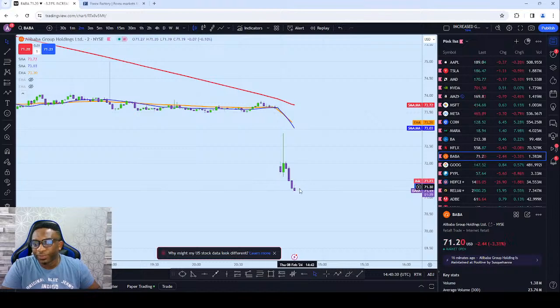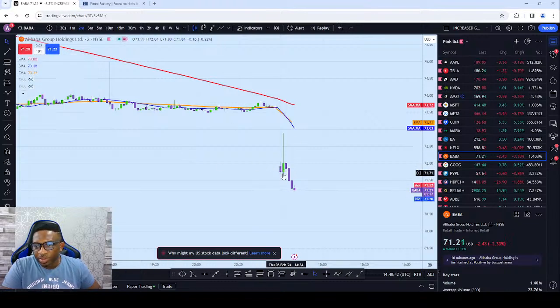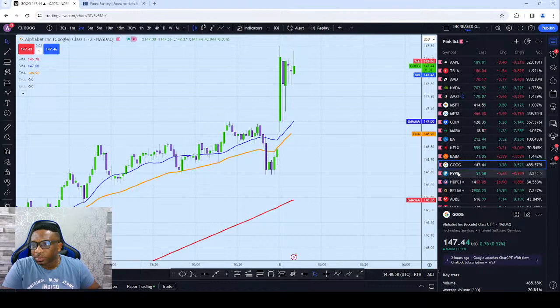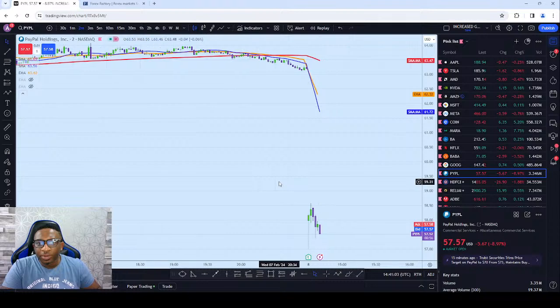This is another trade where the green candle was taken out by the purple one, so you're going for a sell. I'm tempted to enter, but the best entry would have been on this candle.